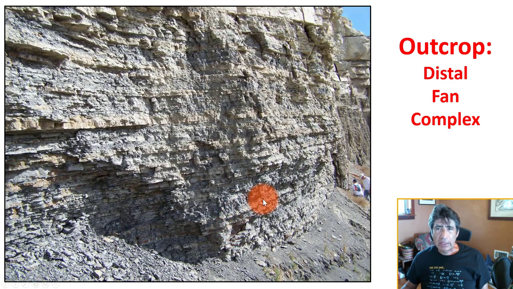Here's another interesting outcrop that shows the distal part of the fan complex of a turbidite system. And we recognize it because of the very high degree of sandstone shell laminations, where the sandstone and shell layers have very similar thicknesses. So a well that goes through here will be in the fan complex.